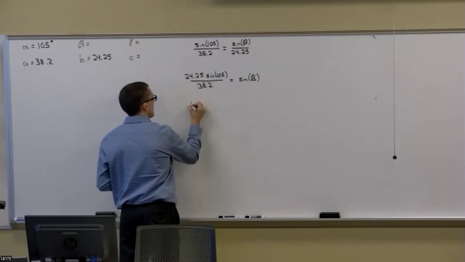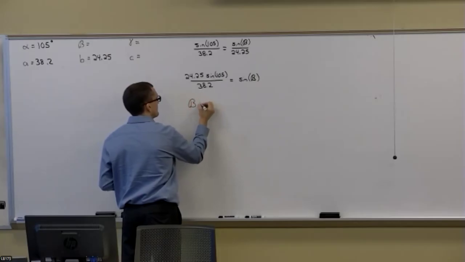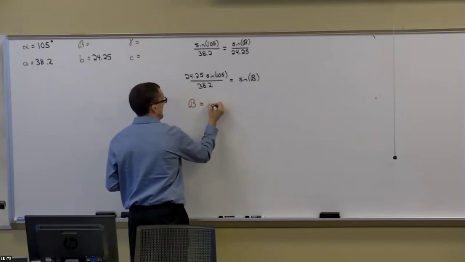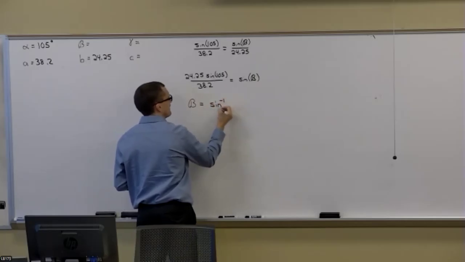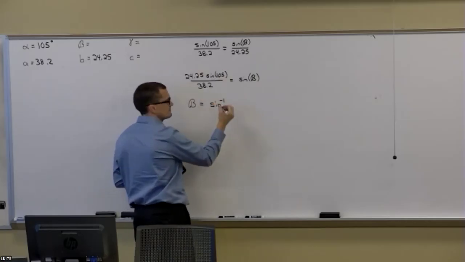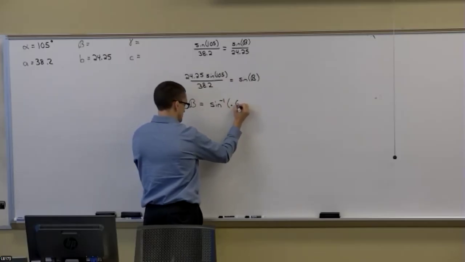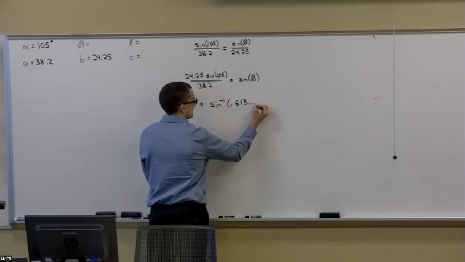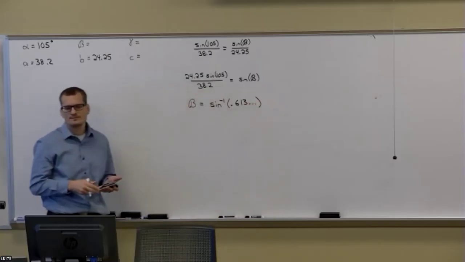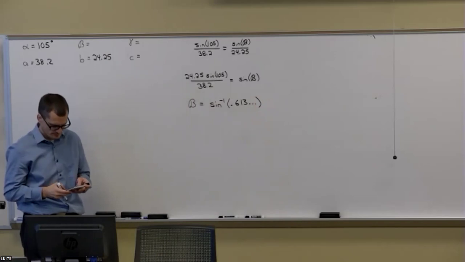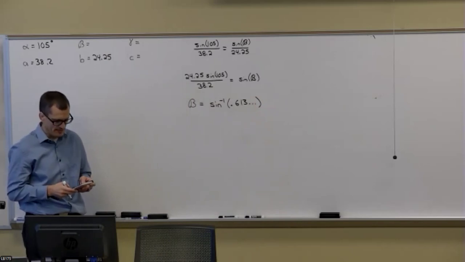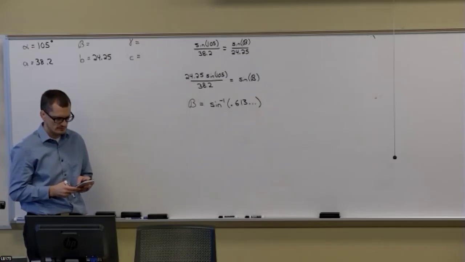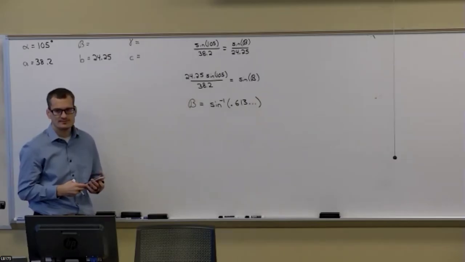So essentially this beta is going to be the inverse sine of this number. So I do inverse sine of my answer, and I get 37.82.